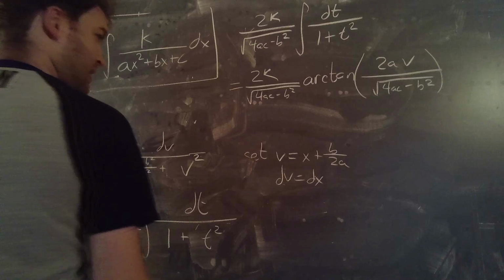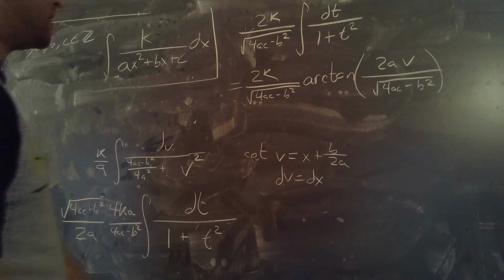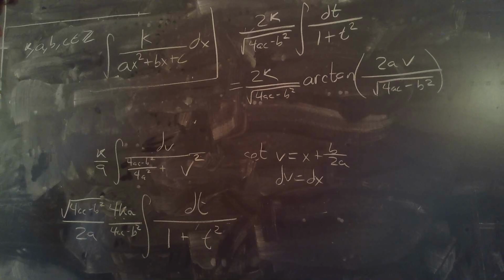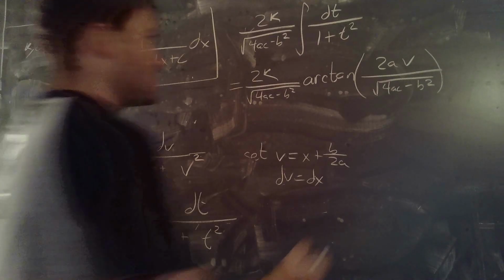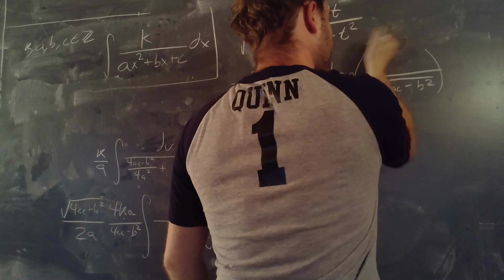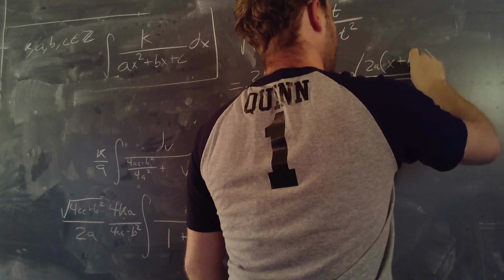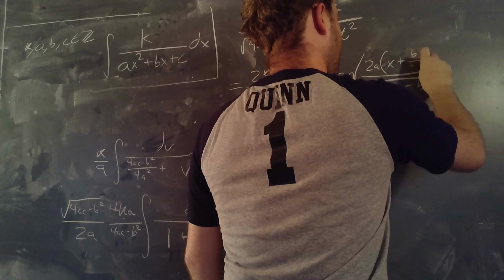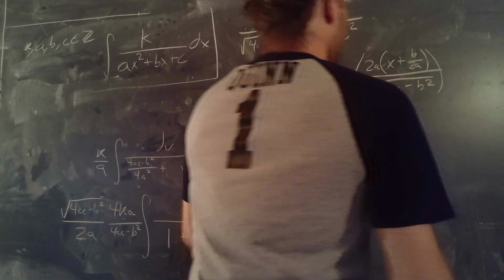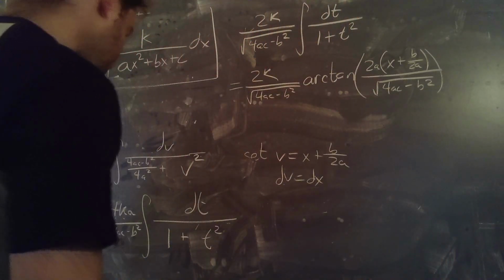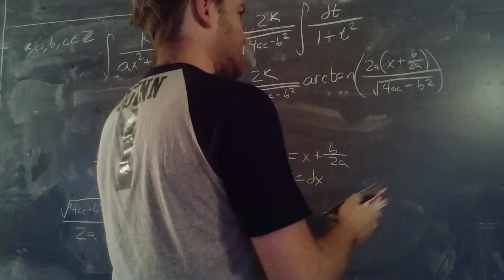So next, I will have the v portion of the substitution and put this back into terms of x. And we should notice here that v is just x plus b over 2a. But I can distribute the 2a through that term to get this into something slightly nicer.